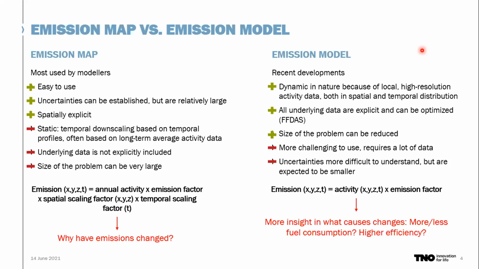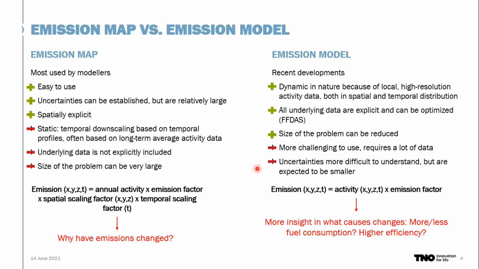So you can optimize these as parameters instead of optimizing emissions. This also reduces the size of the problem because emissions change from one grid cell to the next, but an emission factor of CO2 is relatively stable within a certain domain. So you only need to optimize this emission factor.